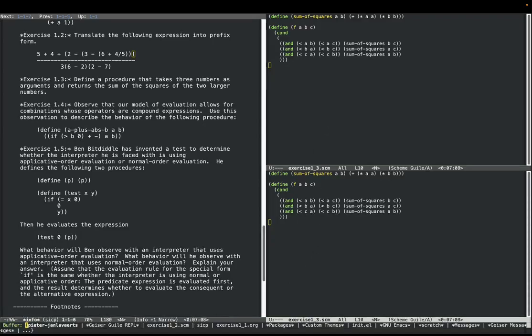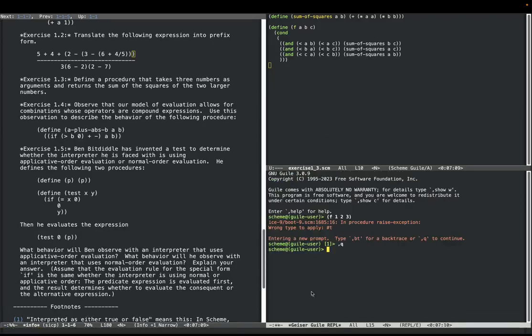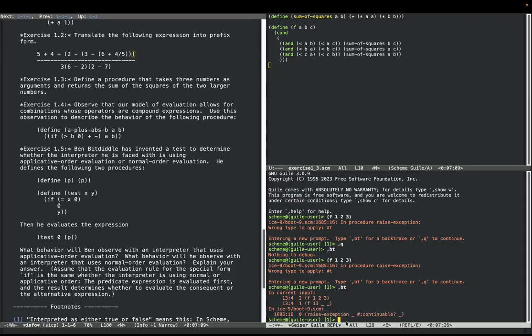Oh, wait, we need Geyser here. Okay. Wrong type to apply. What? Okay, let's try doing backtrace. I've never done these. Nothing to debug. Oh, okay, because it's not running anymore. I mean, it's not in the backtrace mode or something. Backtrace. What?